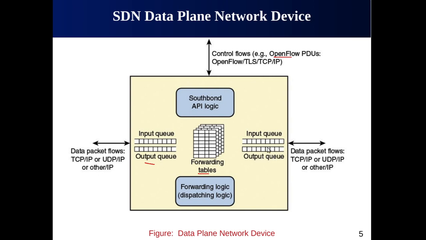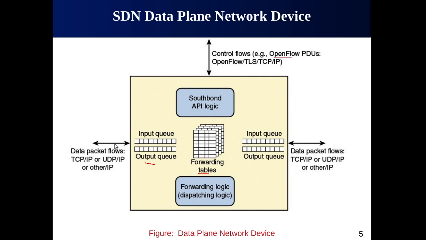Maybe other packets arrived earlier and they're also waiting for transmission. So that is why we need input queue as well as output queue to accommodate the incoming packets as well as the outgoing packets. And this figure actually shows the ports with these arrows.